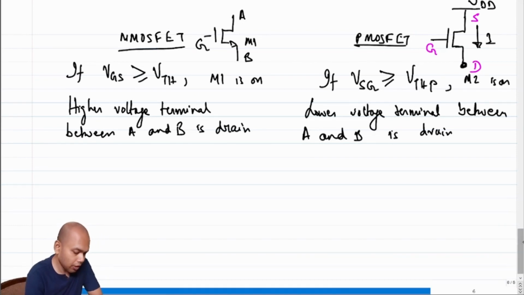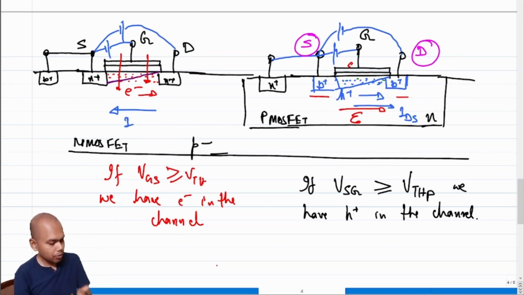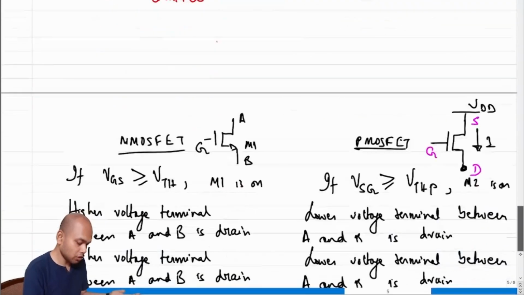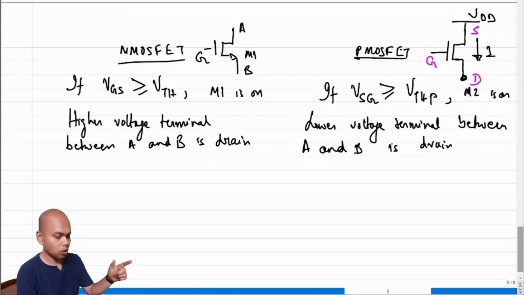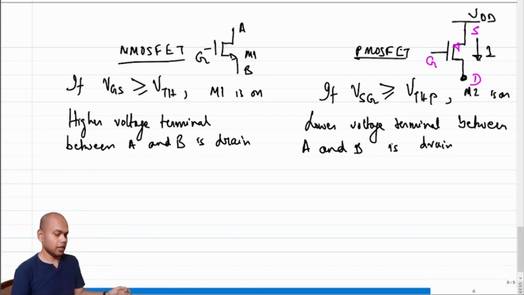If I go back to the cross section, the carriers are flowing from the higher potential terminal to the lower potential terminal. In case of an NMOS, the carriers were electrons, flowing from the lower potential to the higher potential. In case of a p MOSFET, the carriers flow from the higher potential terminal to the lower potential terminal. The higher potential terminal is the source, and hence the arrow goes on the source in the direction of the current flow.